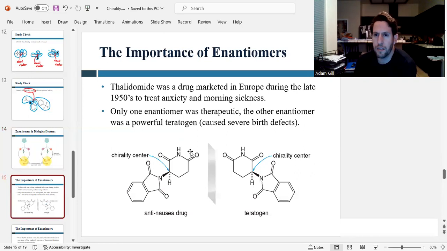And so let's take a look at a classic example, thalidomide. So thalidomide, shown here, was a drug marketed in Europe in the late 1950s, early 1960s.